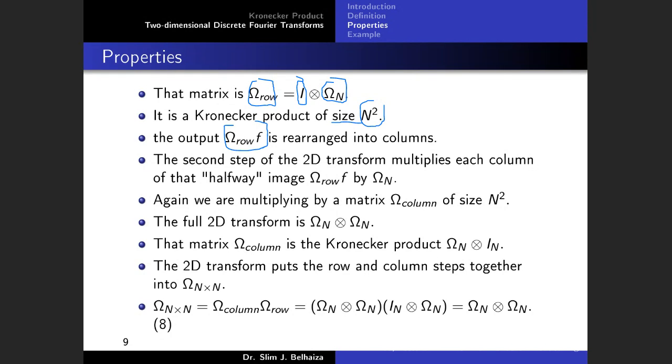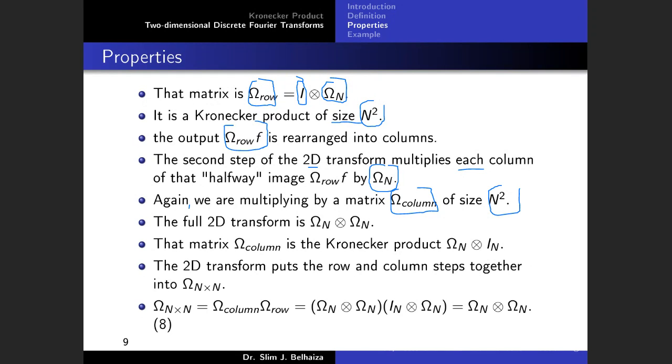The second step we talked about: the 2D transform multiplies each column of that halfway image we just obtained by omega n. Again, we'll be multiplying by a matrix omega column of size n squared.